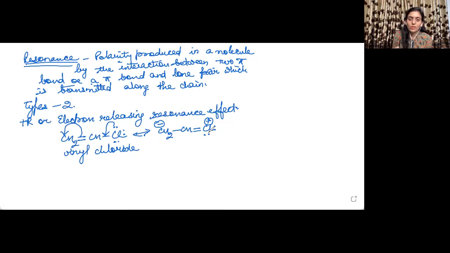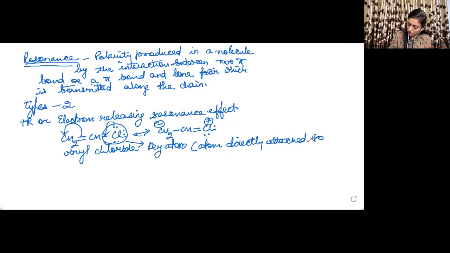If the atom directly attached to the conjugated system has a lone pair of electrons, it will show plus R effect. Good enough. Now this atom is known as the key atom. What is a key atom? It is the atom directly attached to the conjugated system.